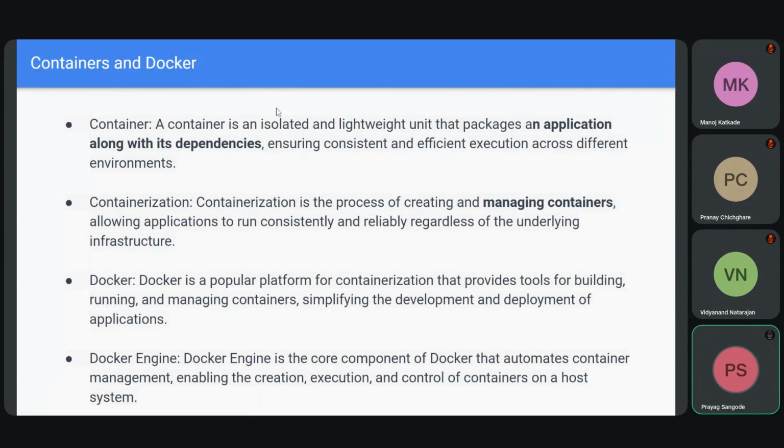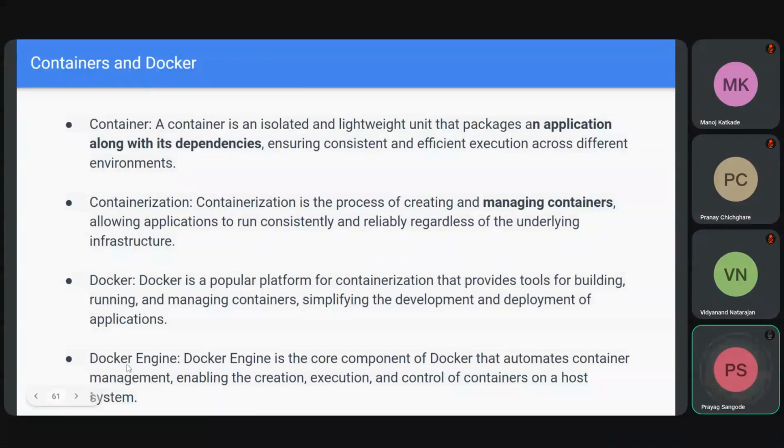Now, how are container and Docker related? Docker is the name of the company that was promoting it, or you can say they were the first company to make containers available publicly and also at the enterprise level. It is a platform that gives us containerization.